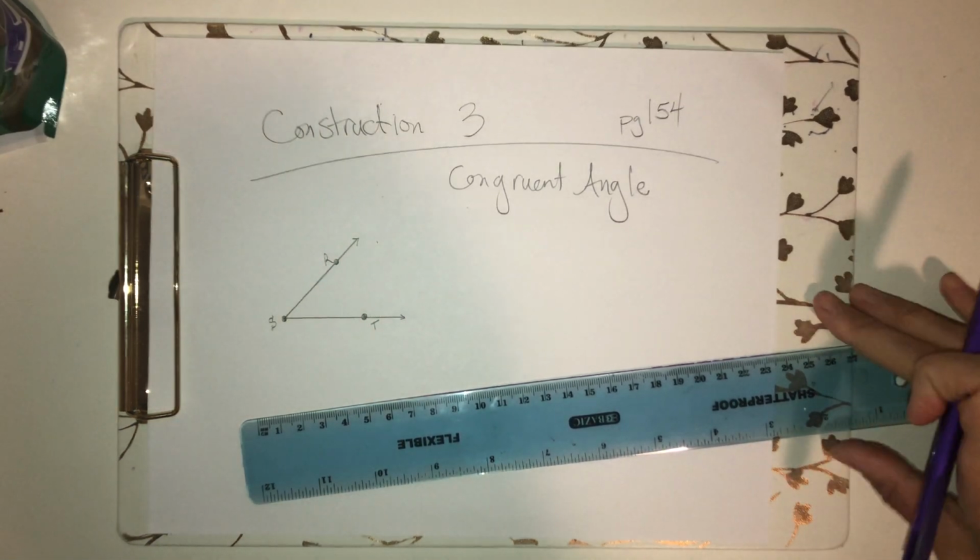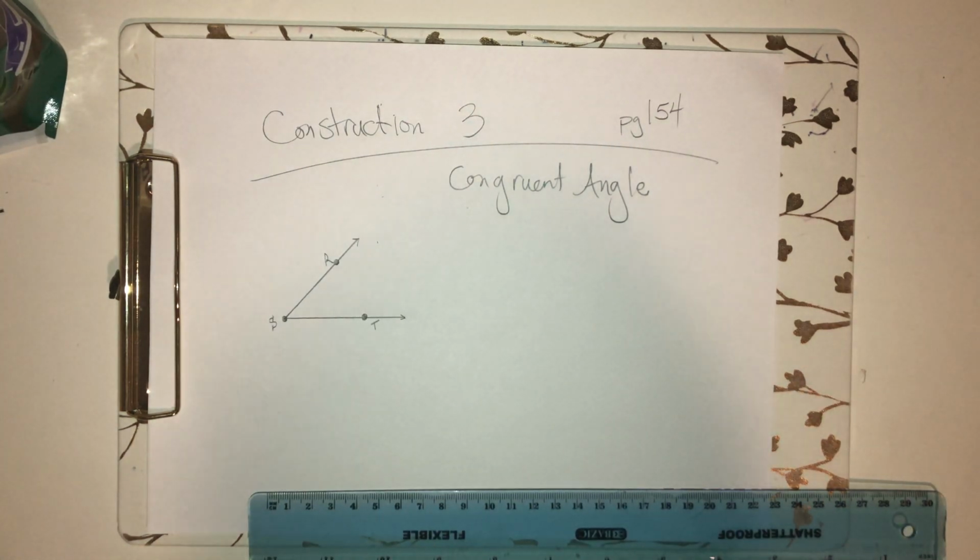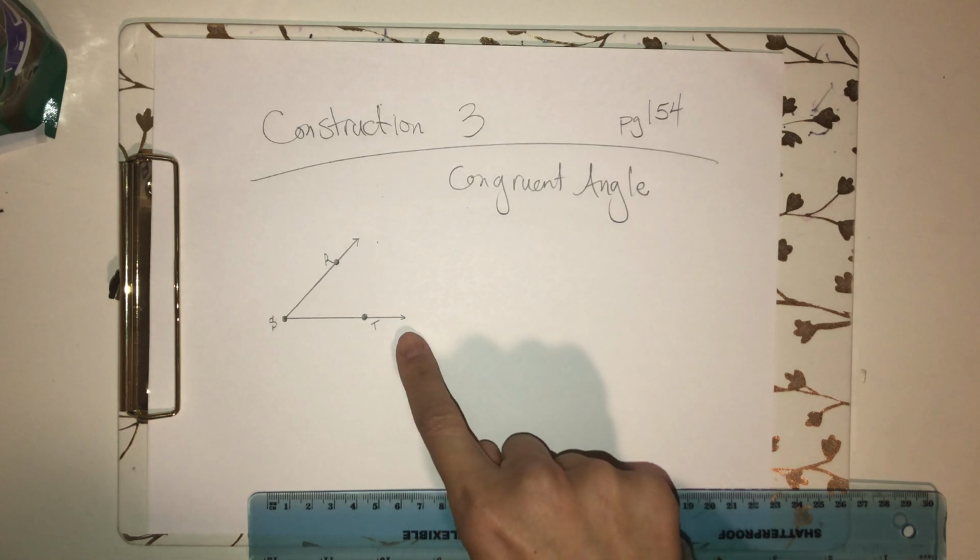So what we're going to do here as our first step in the instructions is to construct ray PQ as one side of angle NPQ, which we're going to create that's congruent to angle RST, the one that's given.